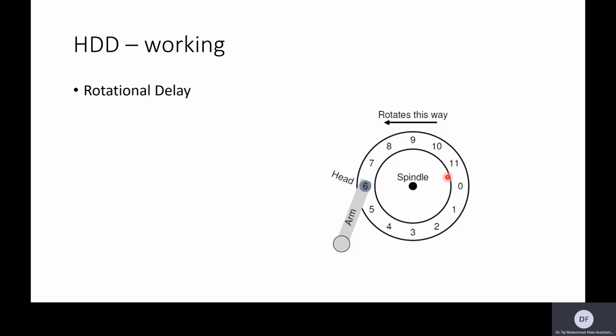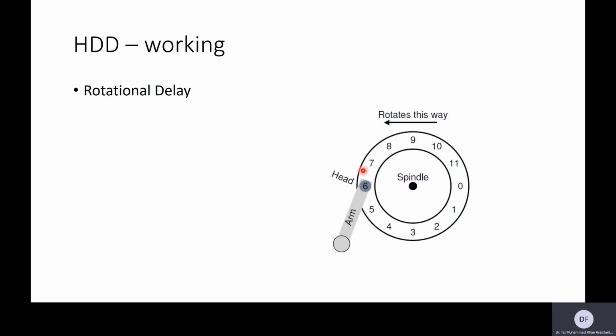Because the rotational delay for reading or writing sector number 7 after sector number 6 will be much less compared to the rotational delay we'll have to suffer to read or write sector number 0 after sector number 6.